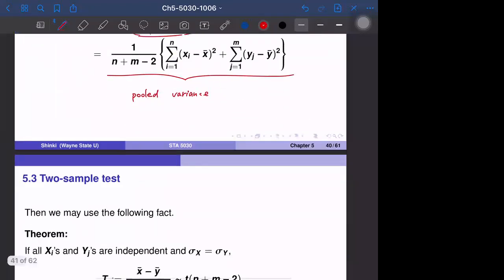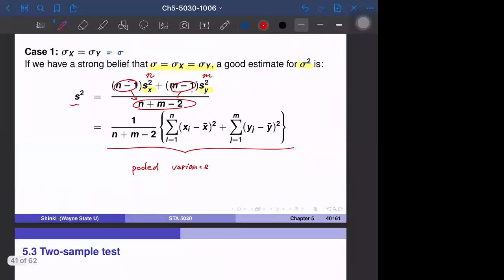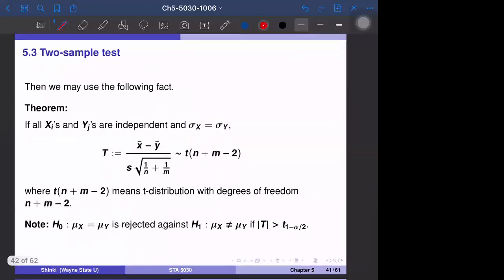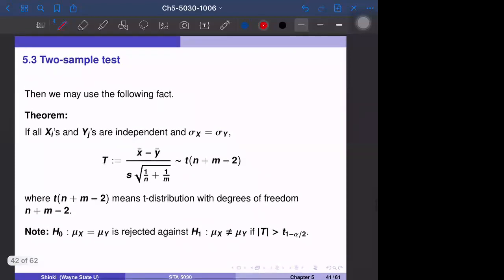Okay, so after we estimate sigma by this S, we can test the difference between mu x and mu y. Here is the test statistic. The most important quantity is the difference between x bar and y bar, because we want to know the difference between mu x and mu y.